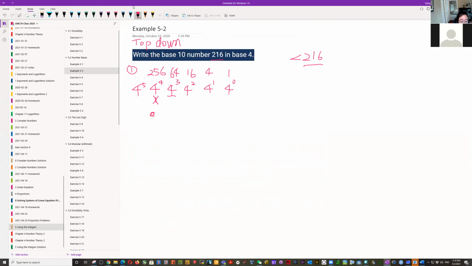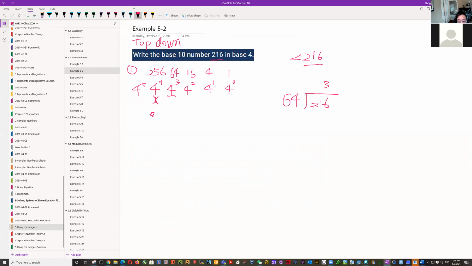So I need to represent 216 in base 10 with a 4-digit base 4 number, and the highest position represents 64. I want to know how many 64s are contained in this number. So 216 divided by 64, I can accommodate 3 with some spare.